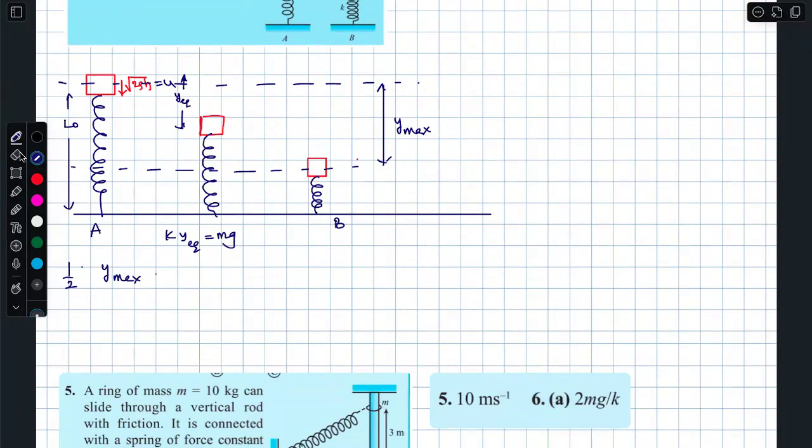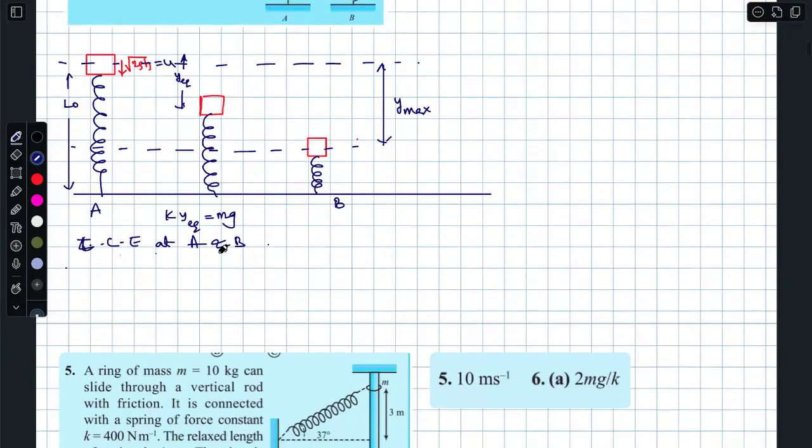Why don't we compare the situations of A with B? Apply the law of conservation of energy at A and B. So mg y max plus, this time it has kinetic energy also, no spring energy.